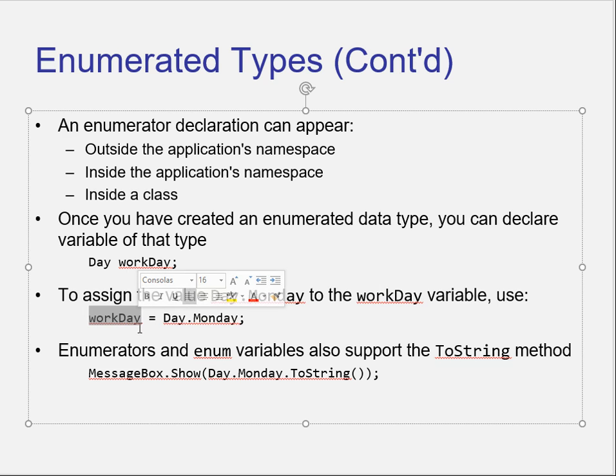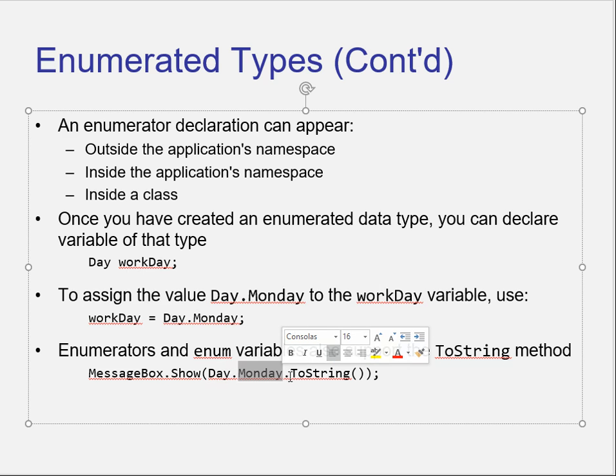That would come back as 0, the integer value at that point. So if I wanted to know what the first day of the week would be, I could use our new enum data type. Monday is the first day of the week. Let's convert that to a string, so it's going to be converted from a 0 to a string, and a message box will pop up with 0, the integer value, in that case.